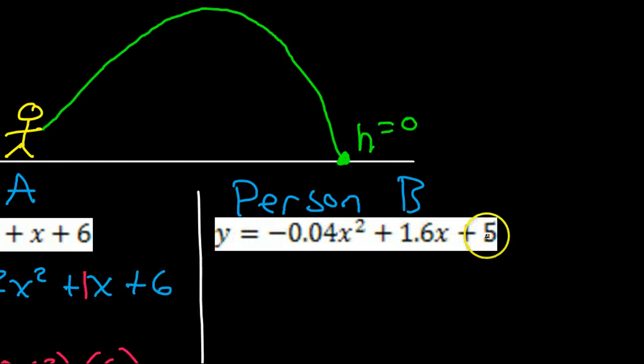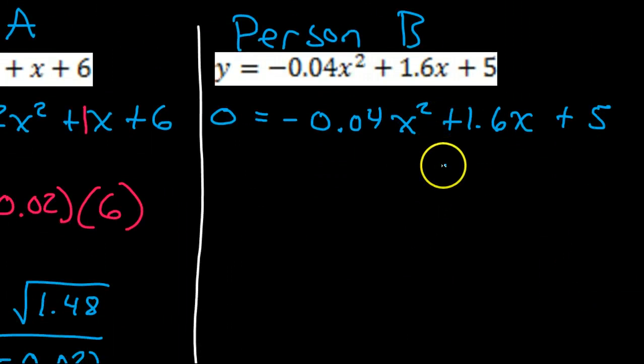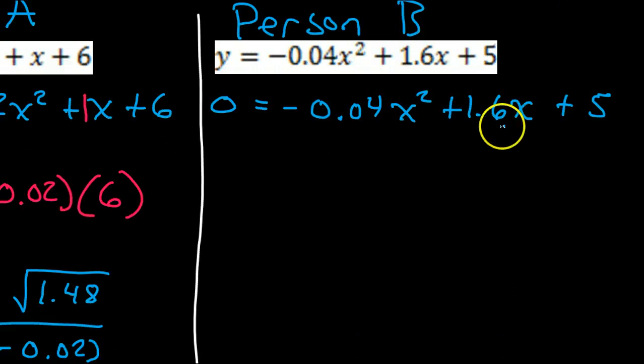Here's the equation for person B. Again, if I want to know the total distance of the throw, I'm talking about the distance when the shot put is hitting the ground. That's why I'm letting the height be 0, plugging in 0 here. Let's solve this for the horizontal distance x, just like we did for person A.